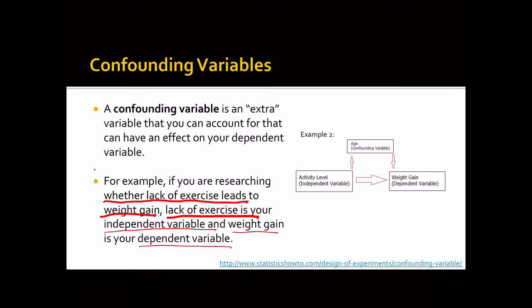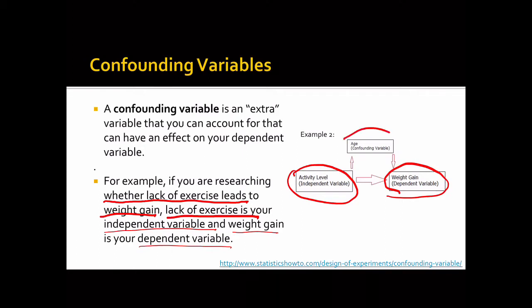So maybe they do a study where they're measuring the activity level of different people, and then measuring whether or not they gain weight based off of their activity level. Maybe they're trying to see if people who don't move that much gain more weight than people who move a lot. Well, they also have to think about other variables that could influence how much weight someone gains.